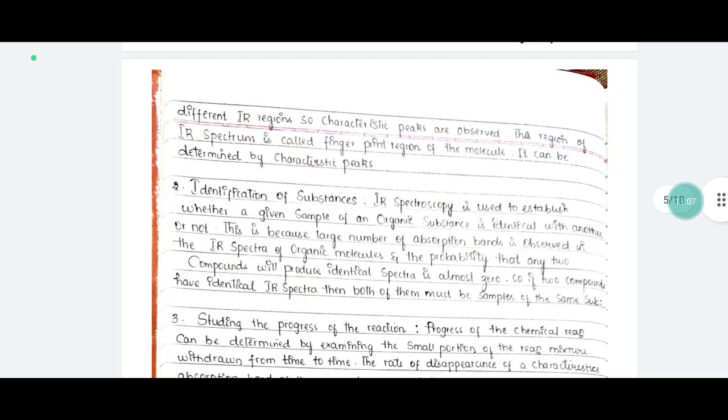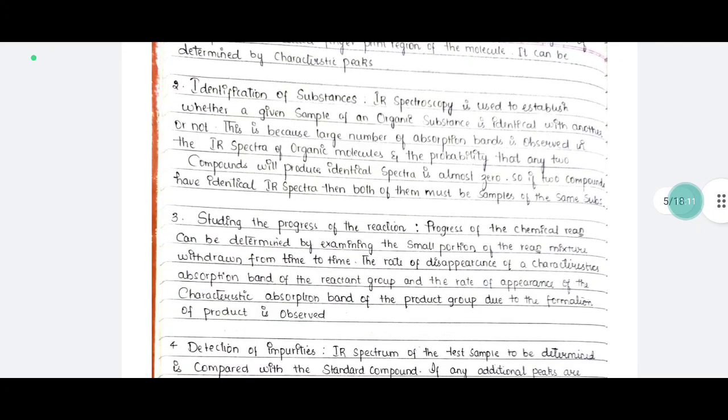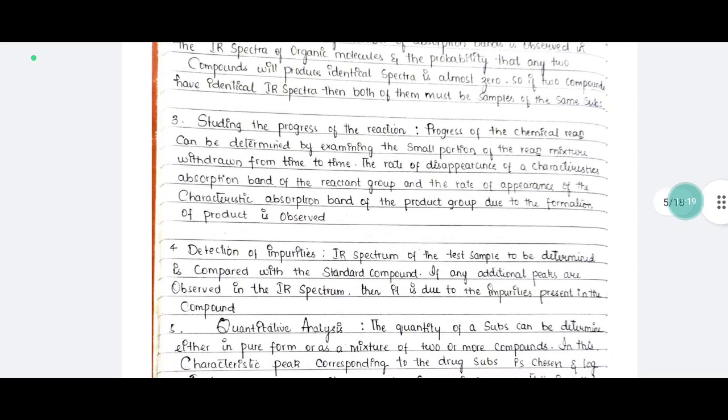The second application is identification of the substance, the third is studying the progress of the reaction, and the fourth is the detection of impurities. I may not explain these applications, but you have to write them down, because these are 10 marks questions.